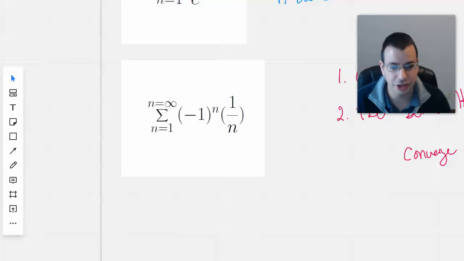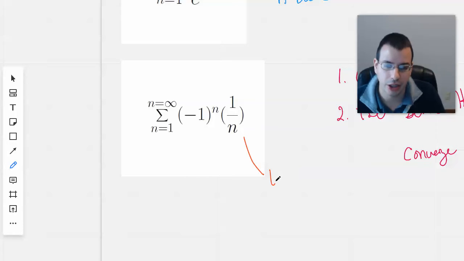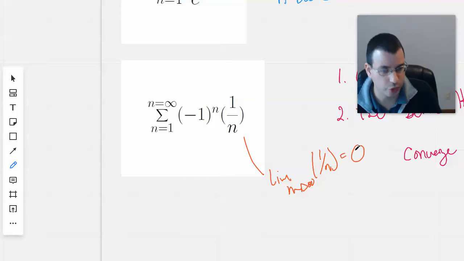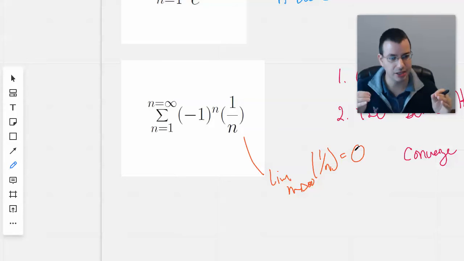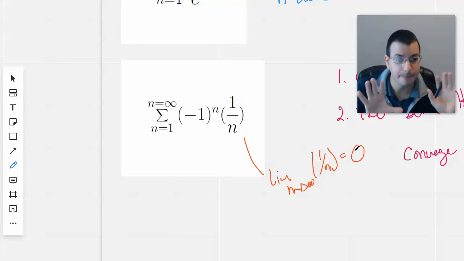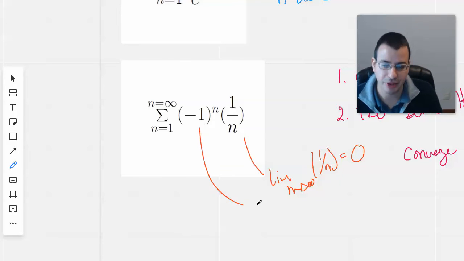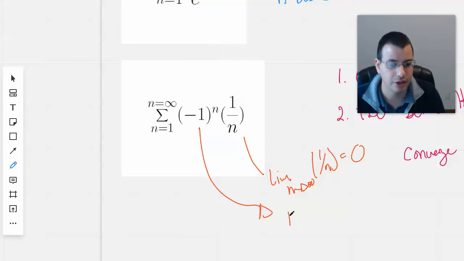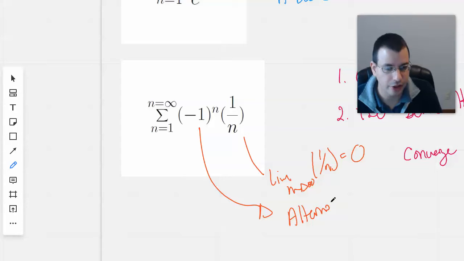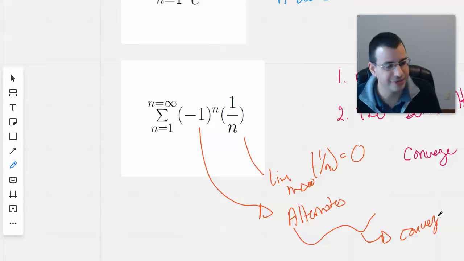So if we had to determine if this converged or not, we would say the limit as n approaches infinity of 1 over n equals 0, which in itself does not mean that it converges. But when you combine that with the fact that it alternates, then we have convergence.